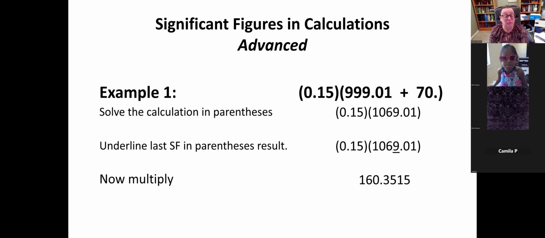Now that we've answered that problem, we need to go to the last step, which is, okay, well, now let's take our number, 160.3515, and round it to 2 significant figures. Right? So you're going to keep the 1, you're going to keep the 6, and you're going to look at what comes after the 6 and decide what to do with that. All right, so how should we report that final answer?